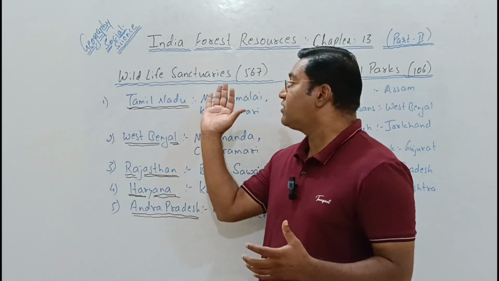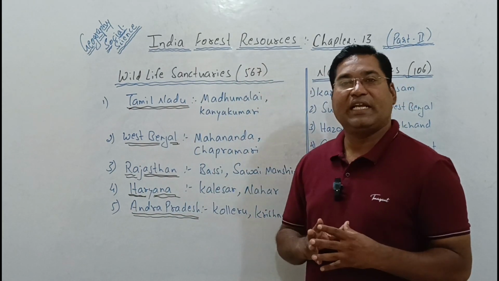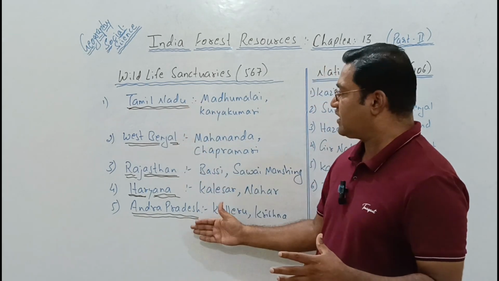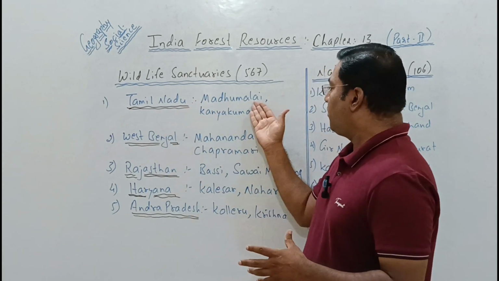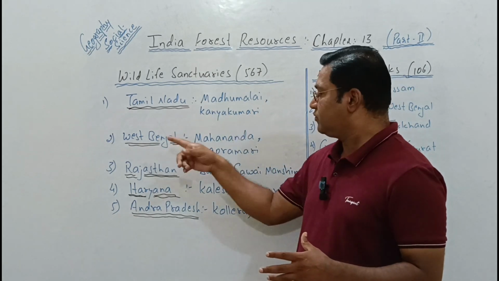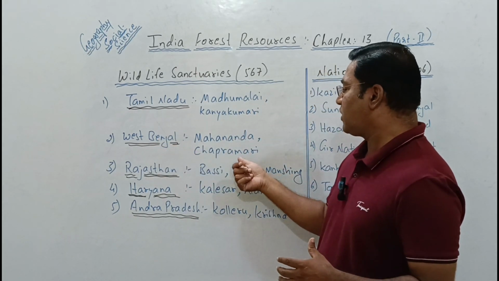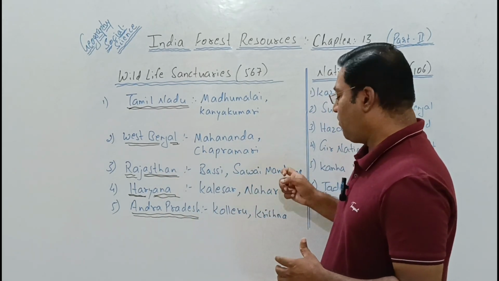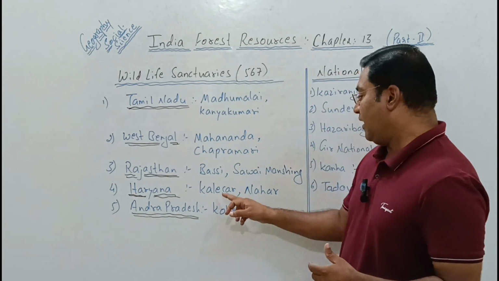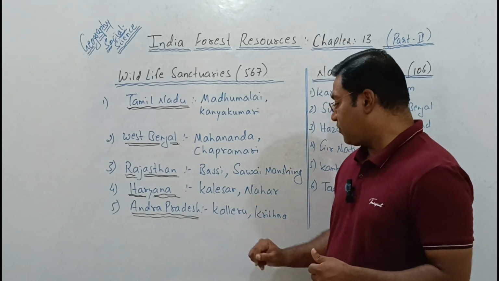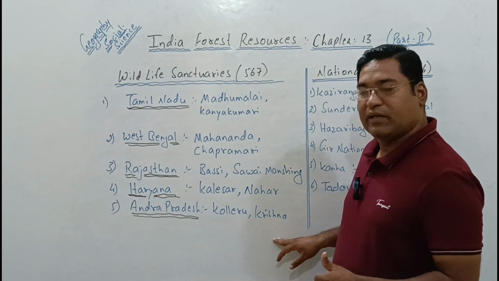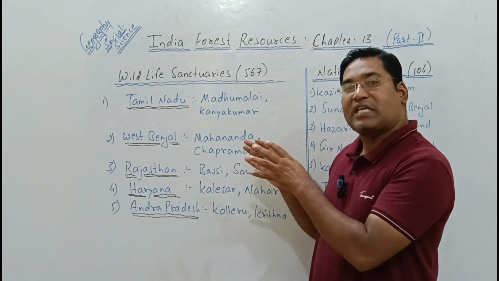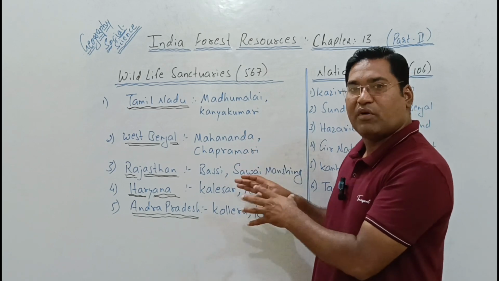They can be protected in the form of wildlife sanctuaries. In India we have a total of 567 wildlife sanctuaries in different states: in Tamil Nadu, Mudumalai as well as Kanyakumari; in West Bengal, Mahananda as well as Chapramari; in Rajasthan, Sawai Man Singh; in Haryana, Kalesar and Nahar; in Andhra Pradesh, Kolleru as well as Krishna.